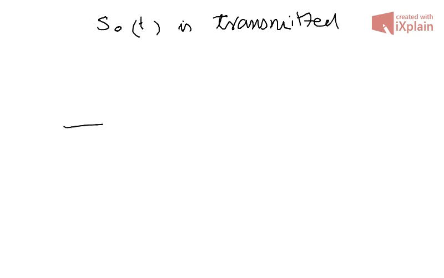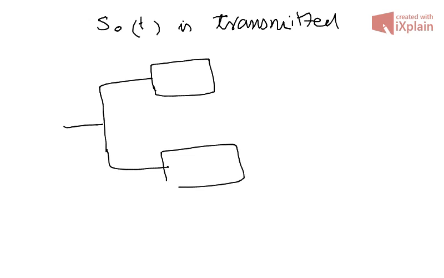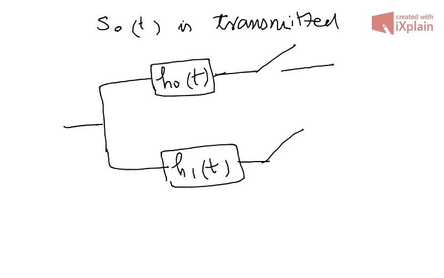Our receiver looks like this. We have two matched filters, h1 of t and h0 of t. h0 is matched to S0, and h1 is matched to S1.